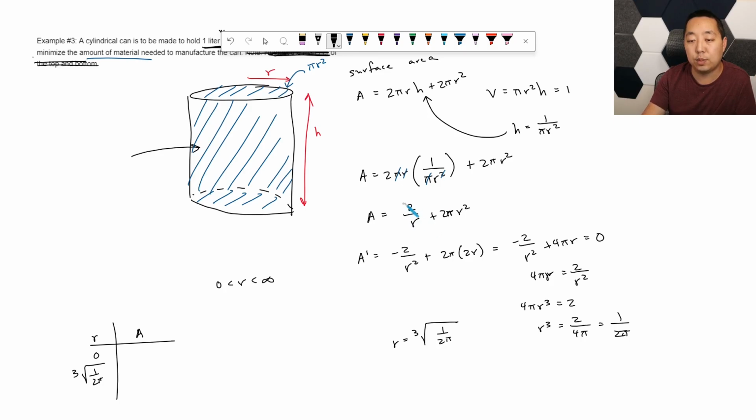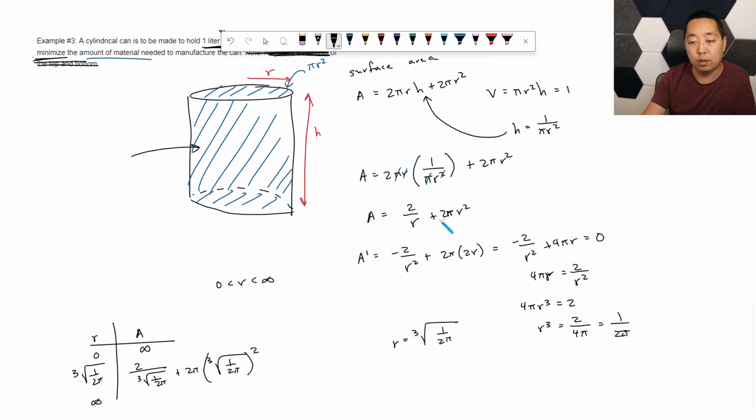Because this guy's going to explode. So it's going to be infinite. And because I'm trying to minimize, I want the smallest value. That's infinity. If you plug that in here, you're going to get some number. It's going to be 2 over the cube root of 1 over 2 pi, plus 2 pi times r squared, which would be the cube root of 1 over 2 pi squared. Kind of a very ugly expression, to be honest. And then if r were infinite, right, like that's the other bound, then this thing is going to go to infinity.